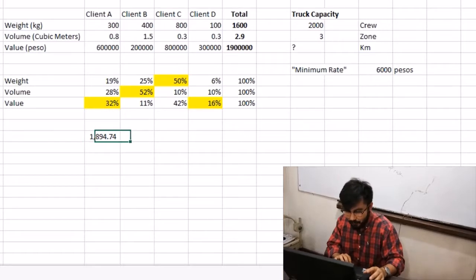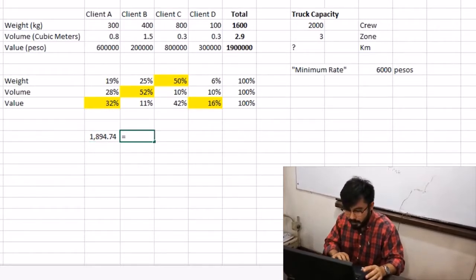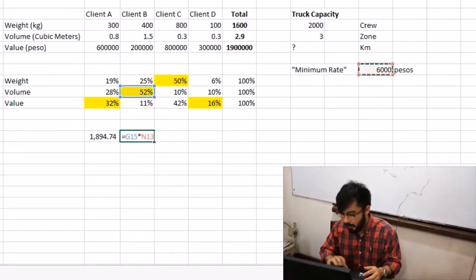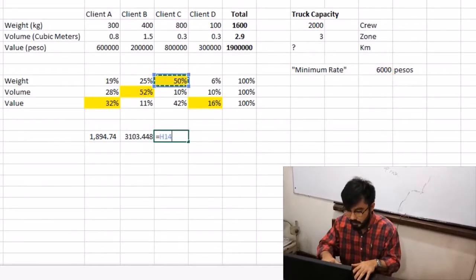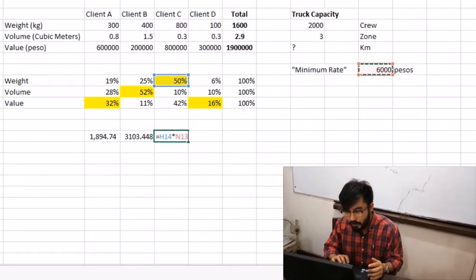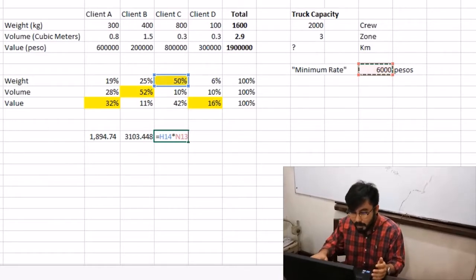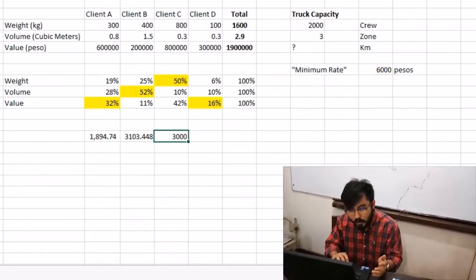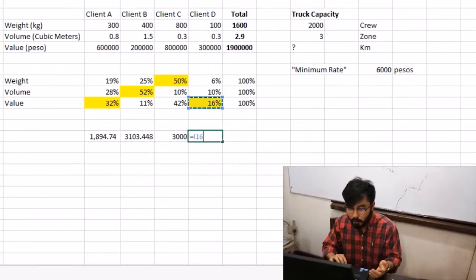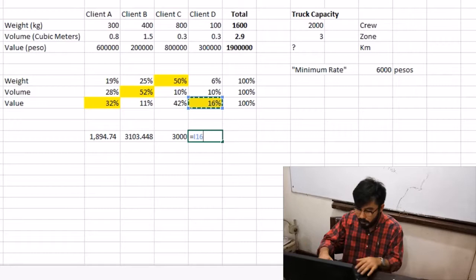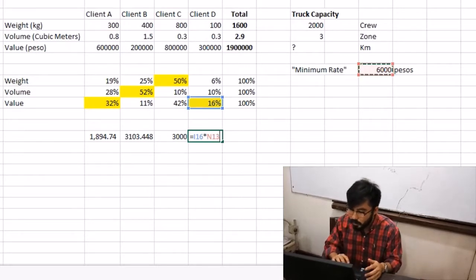So okay, now for client B, let me do the same thing. For client C, the same thing. It's weight. You got the heaviest stuff. You got your pretty heavy stuff, so we're going to charge you according to the weight of your product, your share of the weight. And since client D's got pretty valuable stuff, we're going to charge you according to the value.